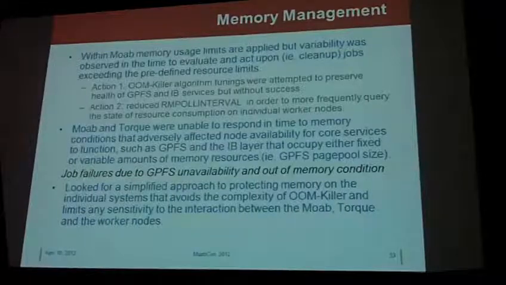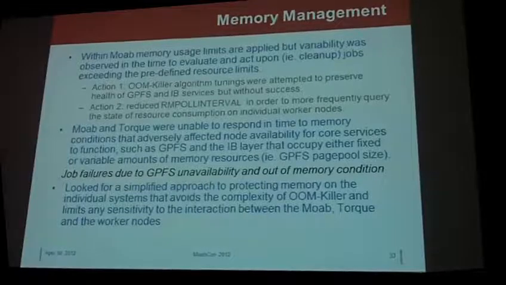We then tried reducing the poll interval between the scheduler and the resource manager. Now, this might seem contrary to some advice for a large system. Why would we reduce the RM poll interval? Well, we wanted to get quicker feedback from the nodes performing the jobs to say, yes, we've hit some boundary condition in terms of memory usage, so we can trigger the expulsion of the job.